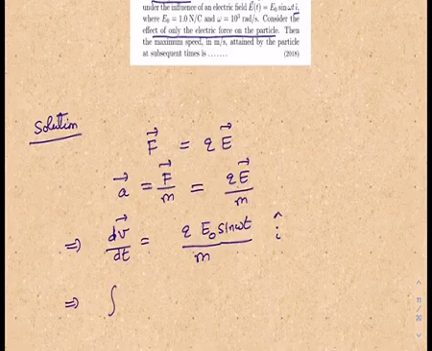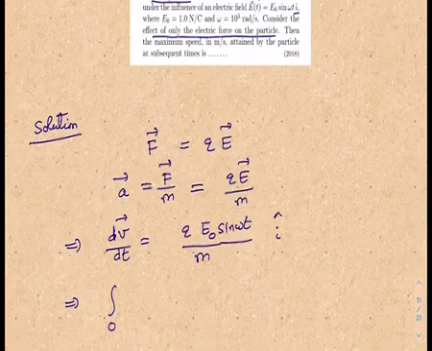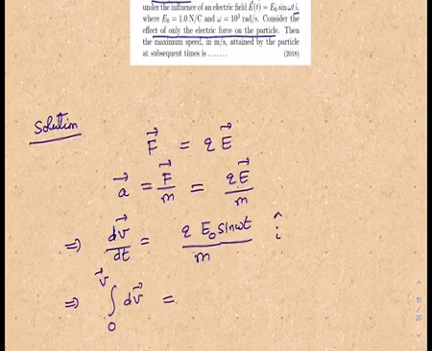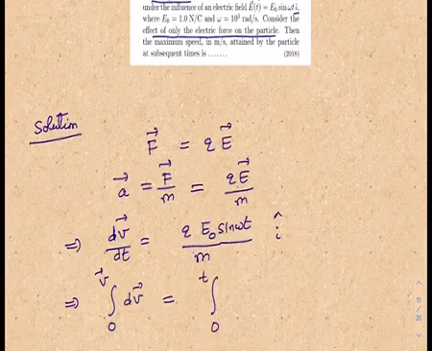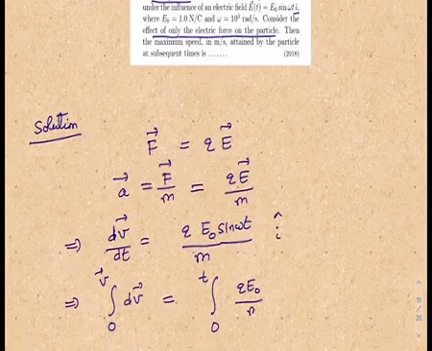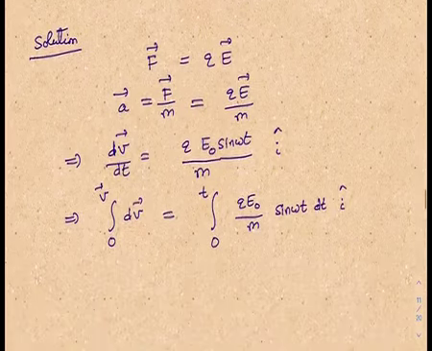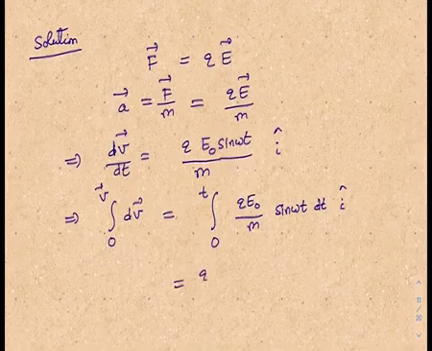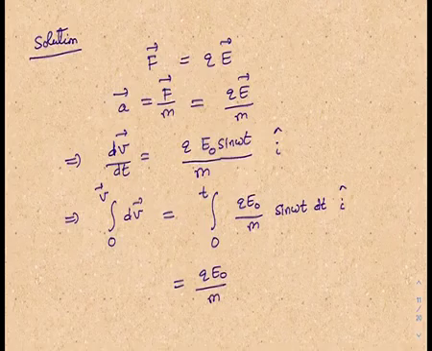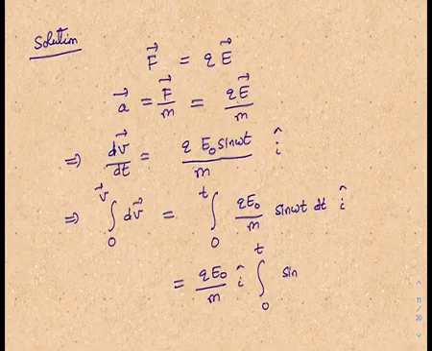Suppose initially the particle is at rest, so v goes from 0 to some velocity v, dv, and you have to integrate. From time t equal to 0 to some time t, it is q E0 by m sine omega t, along I cap, dt. I can take the constants out: q E0 by m, integral from 0 to t of sine omega t dt.